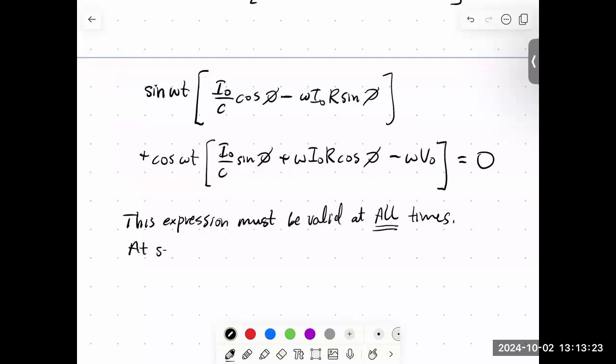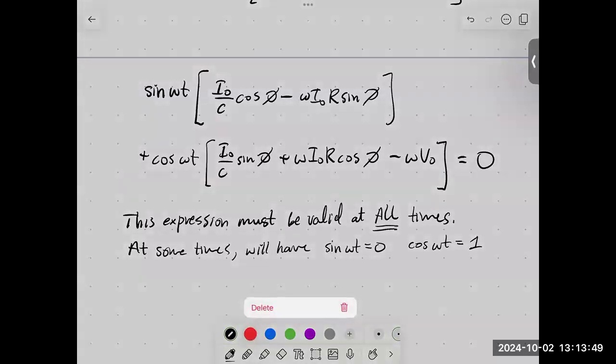So at some times, we will have, say, sine omega t equal to 0, while cos omega t is equal to 1. So when that happens, it must be that, what did I want to call this?